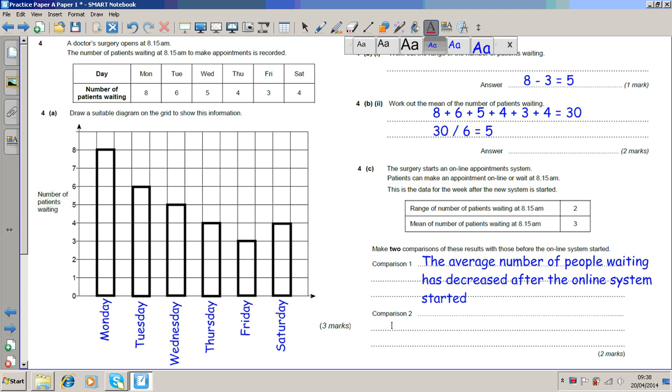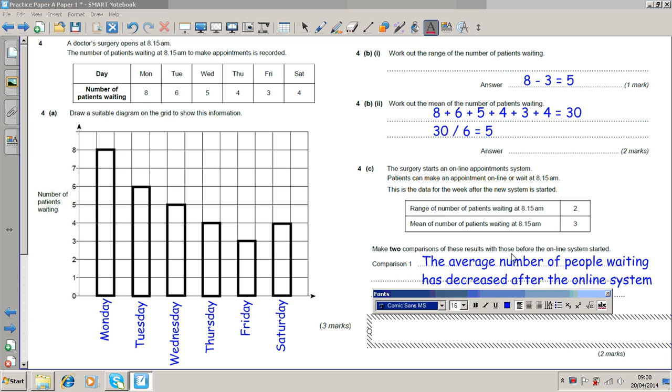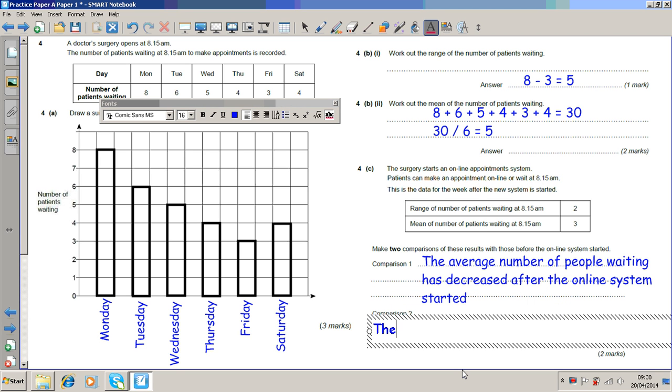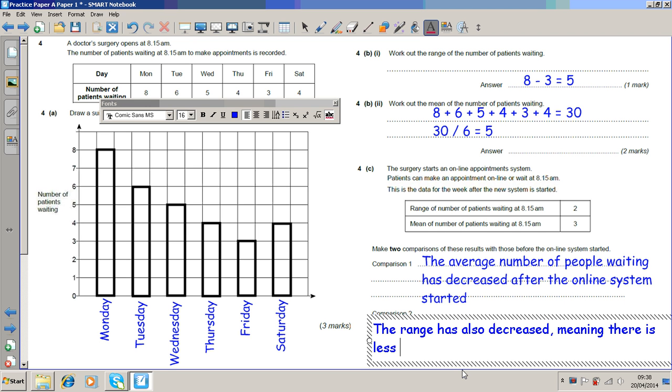And then for the other one, the range. So the range has also decreased, meaning there is less variety in the number of people waiting, i.e. there is a similar number of people waiting each day.